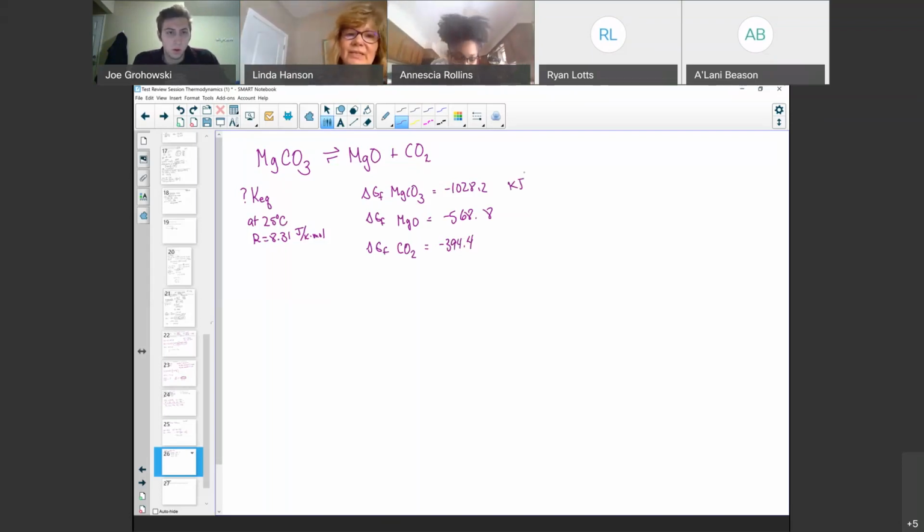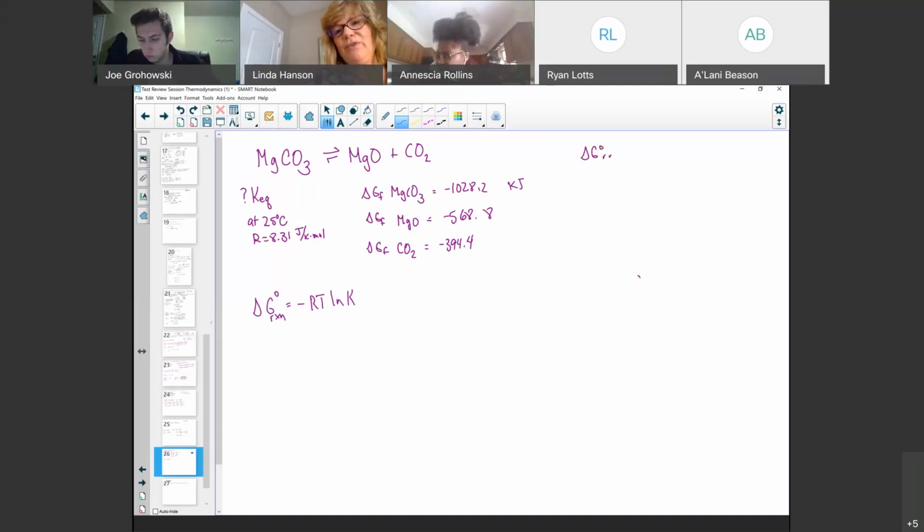So what's interesting here is our formula that relates delta G and K is this one, negative RT ln K. The delta G has to be of the reaction at standard conditions. So we've got to find the delta G of the reaction by taking the sum of the products minus the reactants.